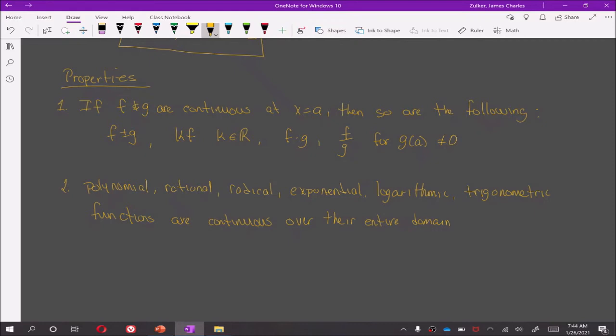And finally, the third, which is one of the more important results, is known as the composite function theorem.